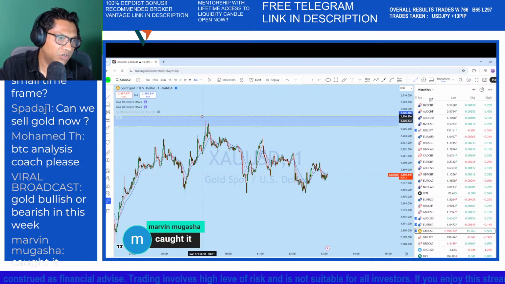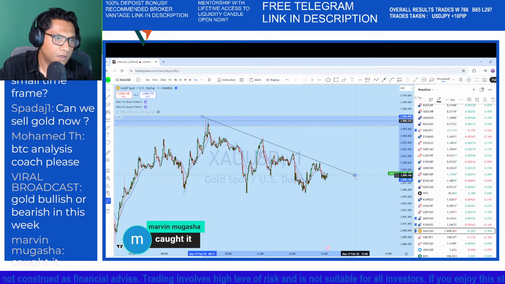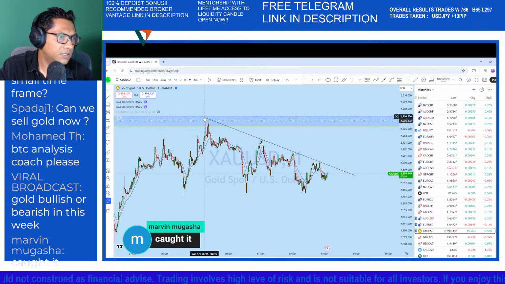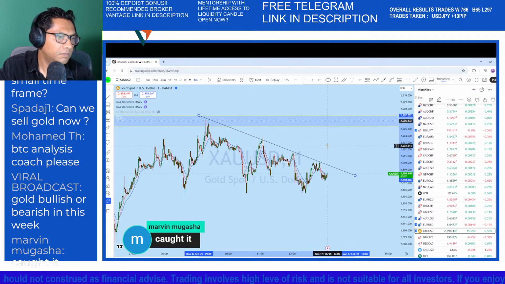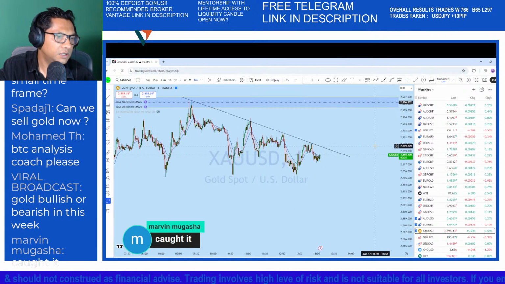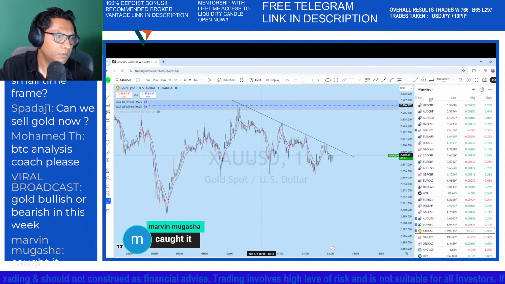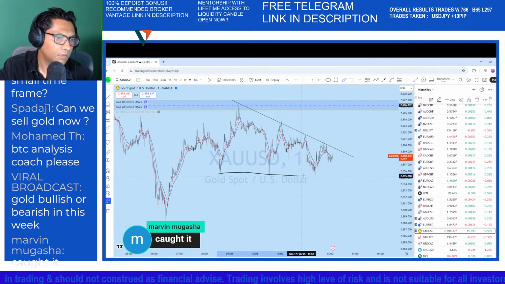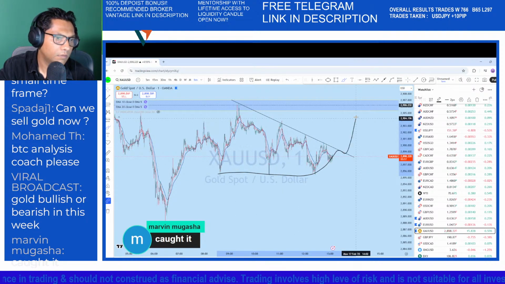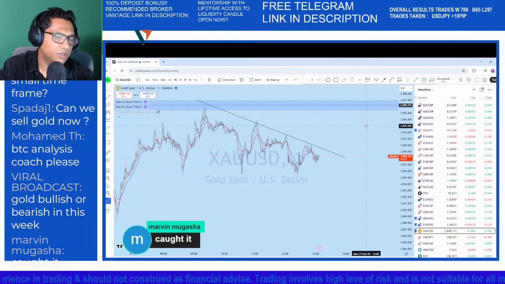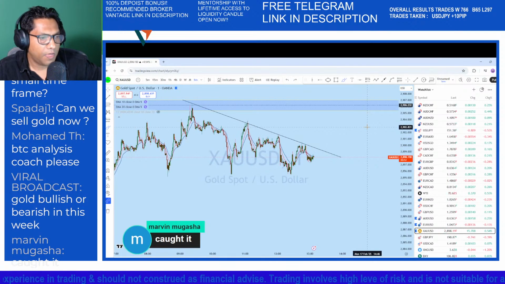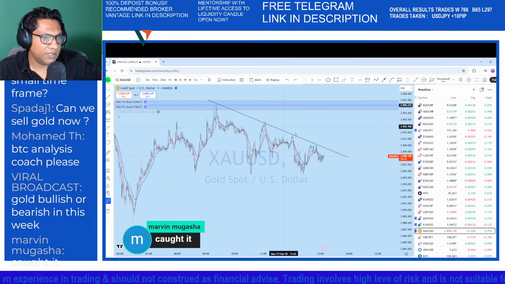So this is the trend line here on XAUSD, and with this trend line, you could see that bounce here.